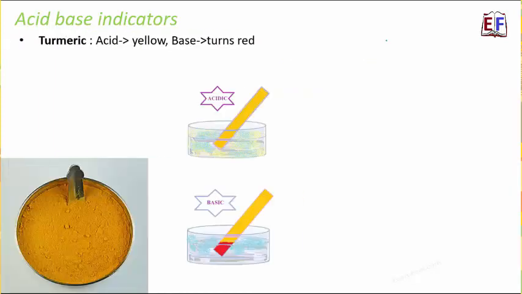Another indicator is turmeric, which is very easily available in our kitchen because, especially in India, we use turmeric in cooking, I would say in more than 50% of the dishes, and it is also called haldi.